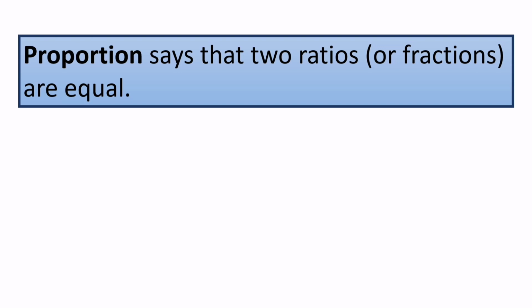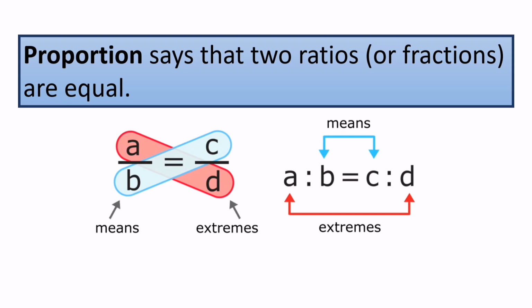At yung proportion ay may part. So, dito muna tayo sa fraction form, which is A is to B, or A over B is equal to C over D. So, as you can see, merong cross na na-form. So, yung red, that is the extremes. At yung blue, yun yung means.